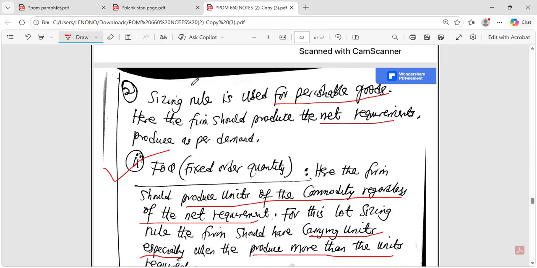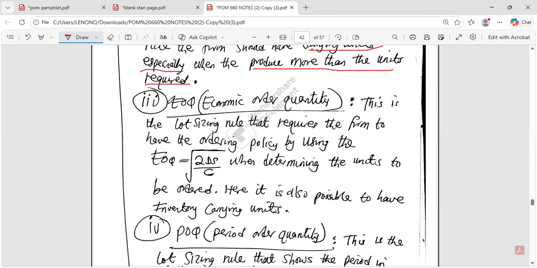Fixed order quantity, you produce or you order fixed units regardless of what customers require. So it's possible that you can order more than what customers need and you can have something to carry on. But what? The economic order quantity is number 3.